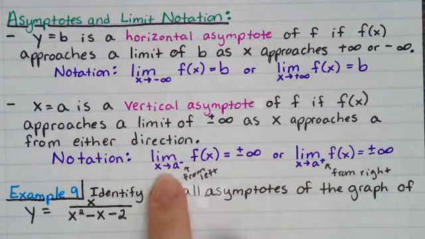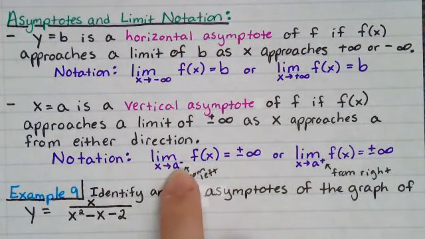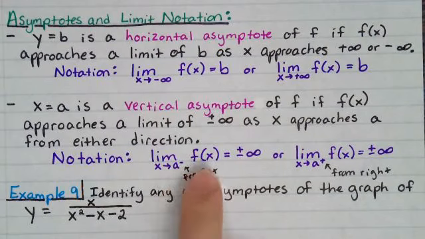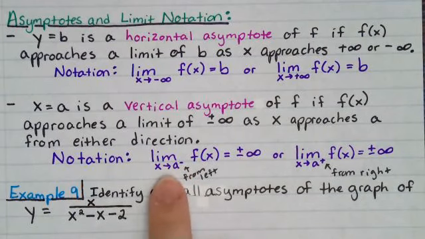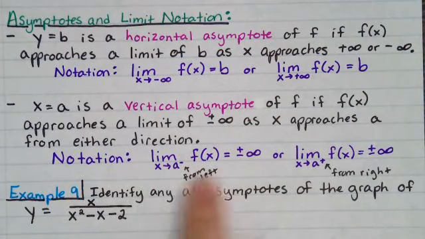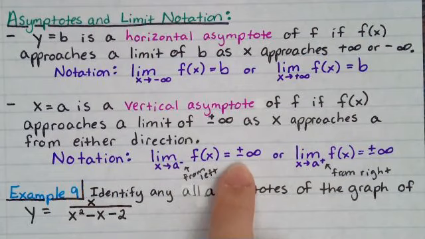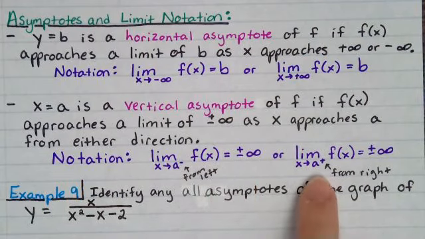So here we would be saying the limit as x approaches a, and you see that little minus, it means from the left. So as your function approaches this value of x from the left side, it's going towards positive or negative infinity. Or as it's approaching it from the right side, it's approaching positive or negative infinity.